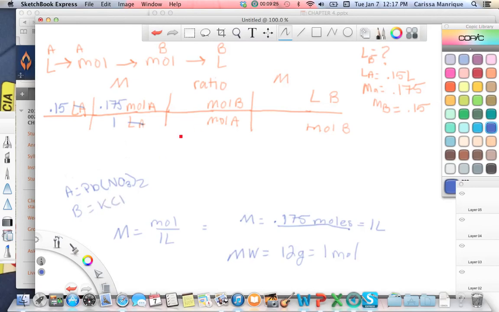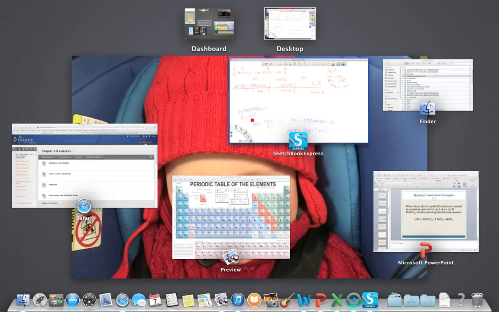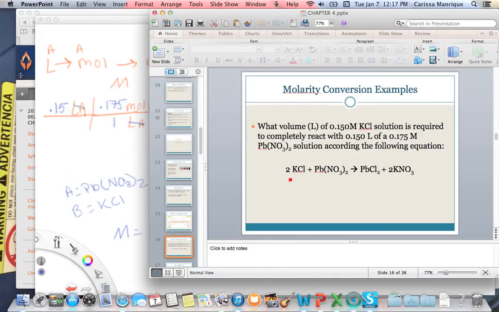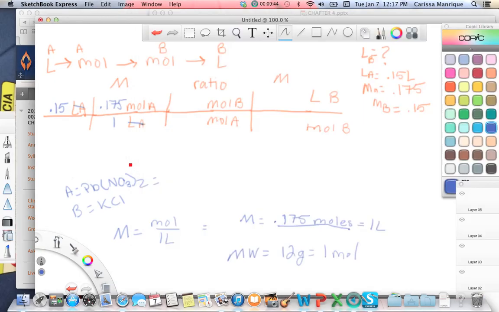Alright, so we want to know what is the ratio of, in this case, B to A. Okay, so let's write down how many B. The ratio is going to come from the equation here. So KCl, we have 2 of those for every 1 of A. Okay, so for every 1 of A, we have 2 B. Again, B is KCl, so the number in front of it is 2, and the number in front of A is 1.